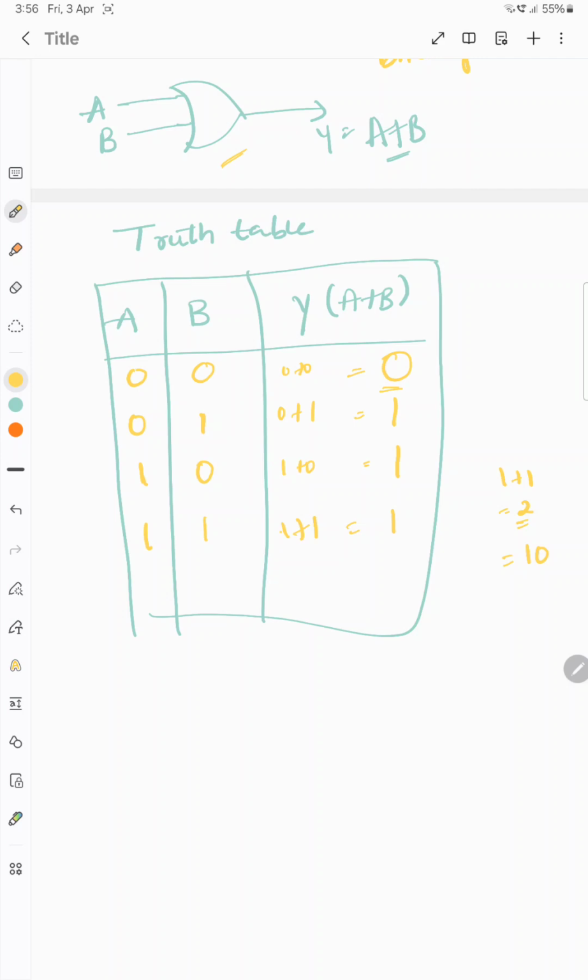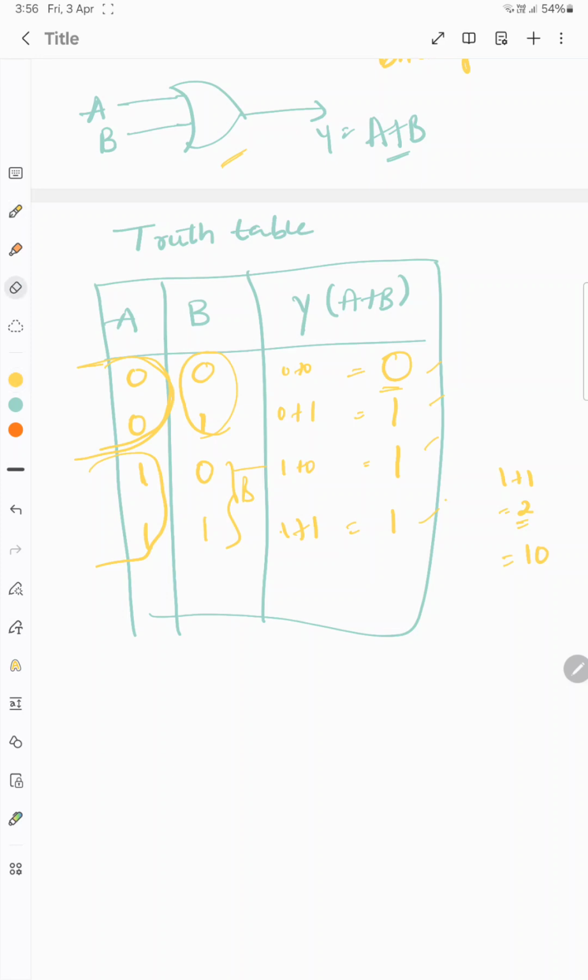So how will we describe this based on the truth table? If one of the inputs is 0, the output will be the same as the other input, B. And if one of the inputs is 1, the output will be 1.